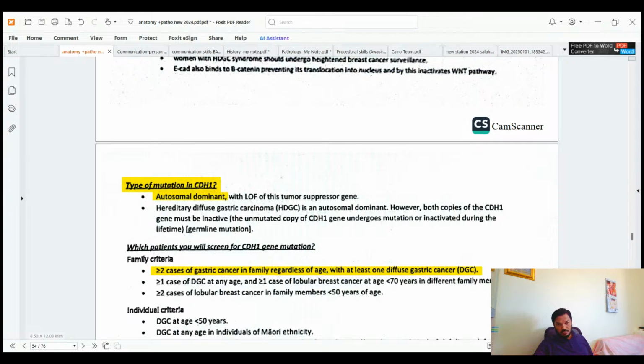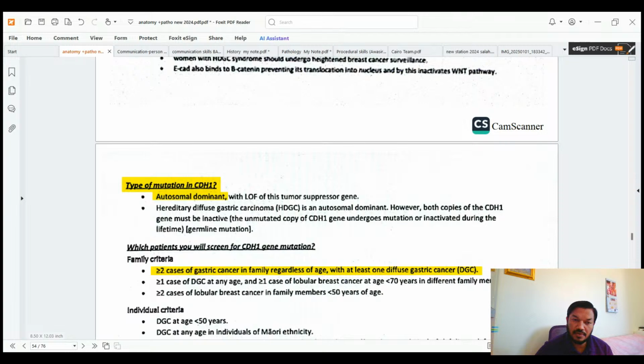One or more cases of diffuse gastric cancer at any age, and one or more cases of lobular breast cancer at age less than 70.